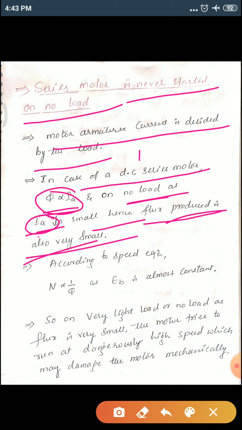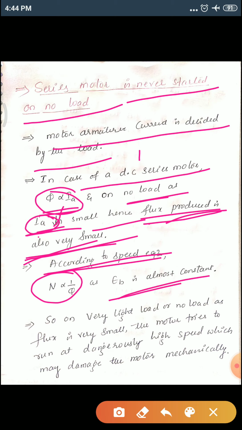Once you switch on the supply, since you have not put a load, a very small current will be flowing through it. Then since these two are directly proportional, flux will be very small. According to the speed equation, N is proportional to 1 by phi. Eb is almost constant, that we have assumed.